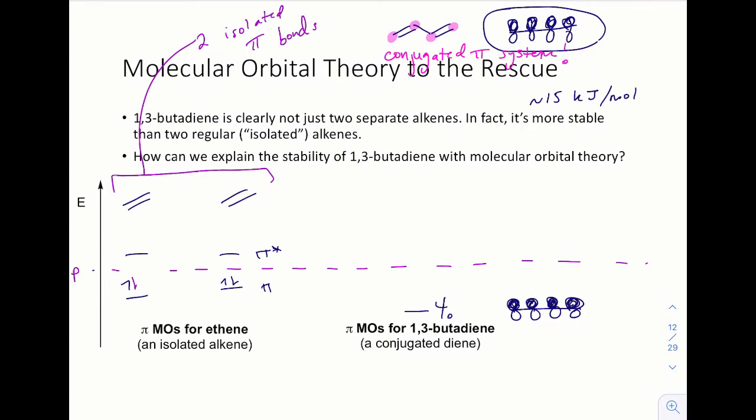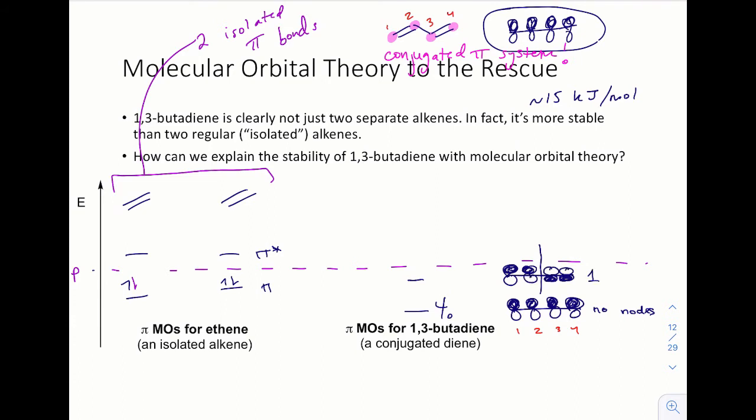So when they overlap all in phase, they form an orbital with no nodes. The next lowest energy orbital formed by all four of the p orbitals on these four atoms of butyl-1,3-diene overlap has one node. That one node is in between atoms 2 and 3.